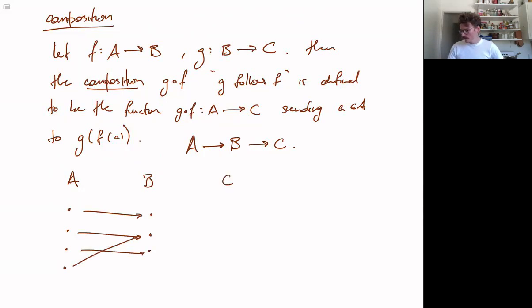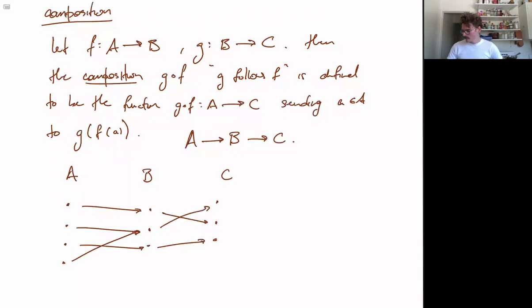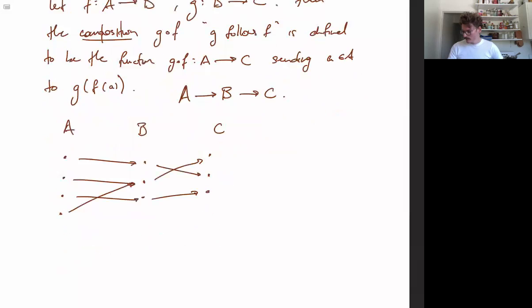And then we have a function from B to C, and G goes something like this. So this is F, and this is G. Then G follows F. We'll go from A to C.